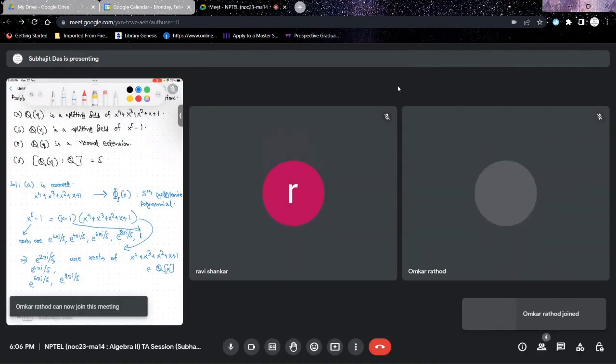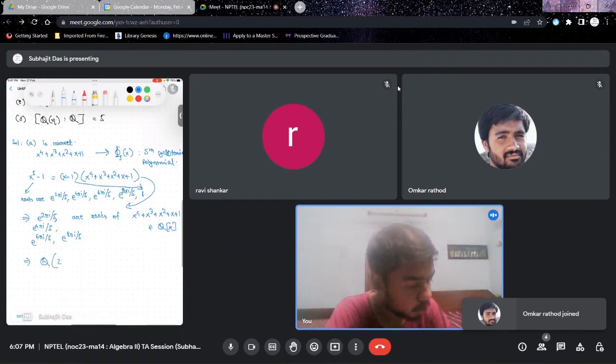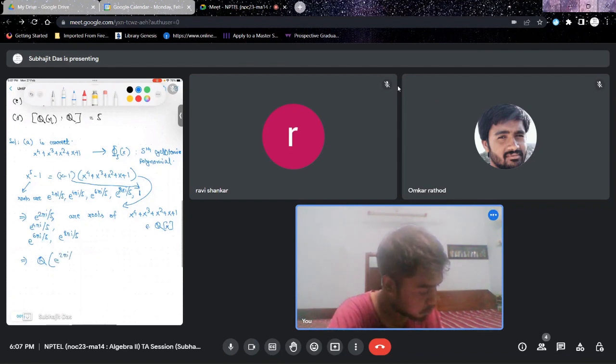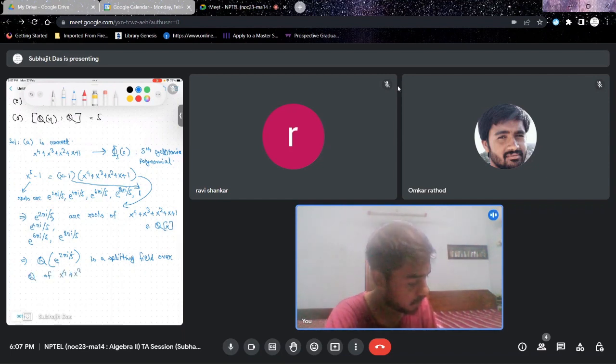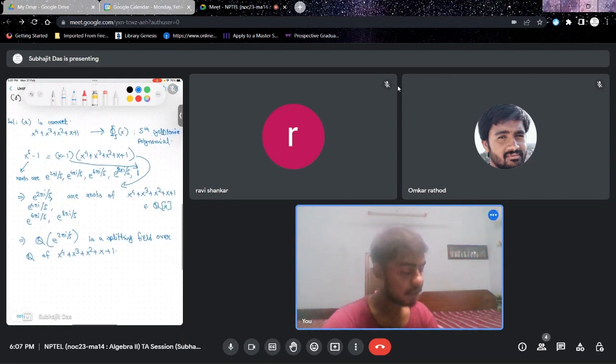And what this precisely means in other words is that Q adjoined with e to the power 2 pi i by 5 is a splitting field over Q of the polynomial x to the power 4 plus x cube plus x square plus x plus 1. Okay, so indeed option A is correct, right?